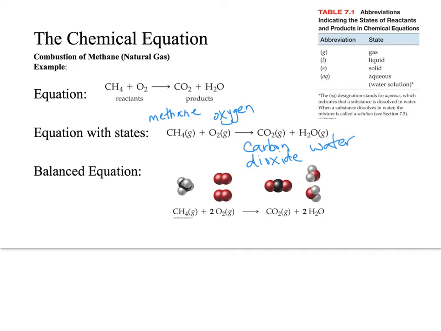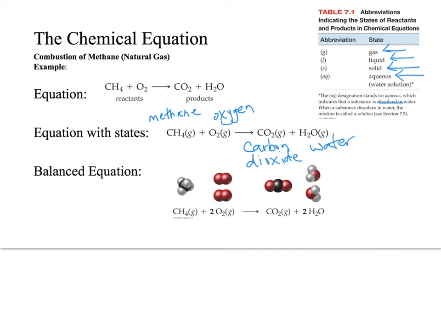The different states that we can show in a chemical reaction are gas, liquid, solid, and then something we call aqueous. And whenever you see the (aq) abbreviation after a chemical compound formula, it means that this is an aqueous form, which indicates that the substance has been dissolved in water.